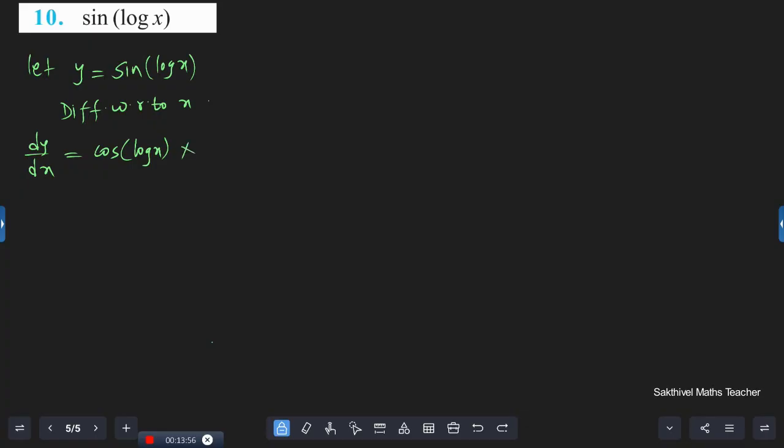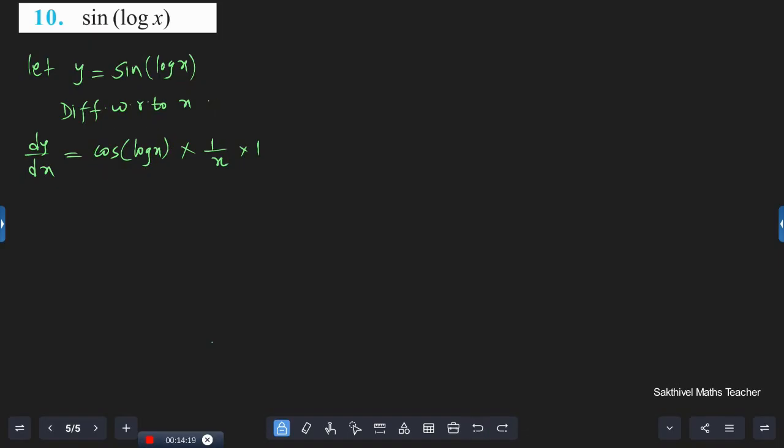Later this angle also you have to differentiate. Now derivative of log is 1 divided by x. Now derivative of x is 1. Like that you have to do carefully. Be careful: sine derivative cos, log derivative 1 by x, x derivative 1. Like that I have done step by step. I hope you people understand this.